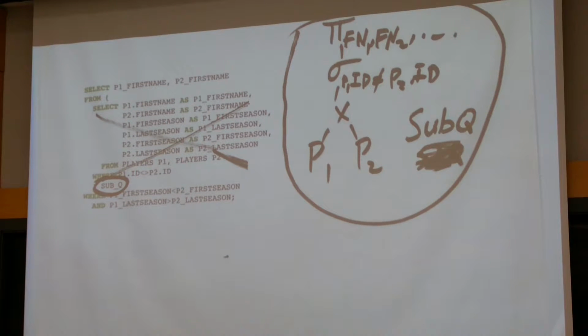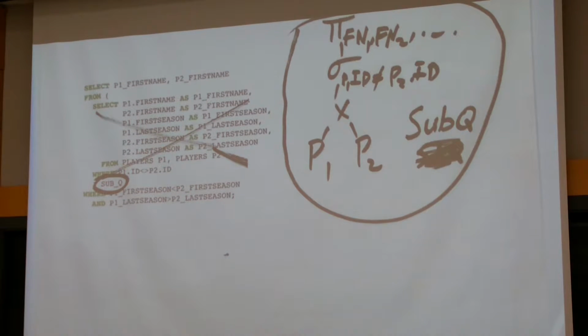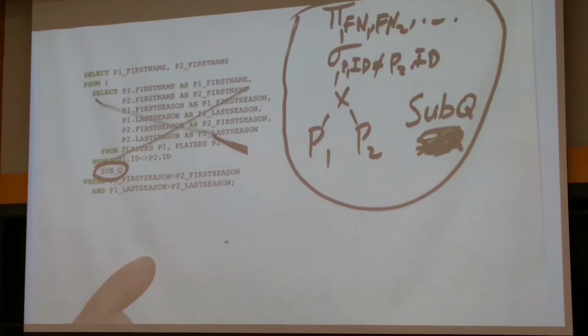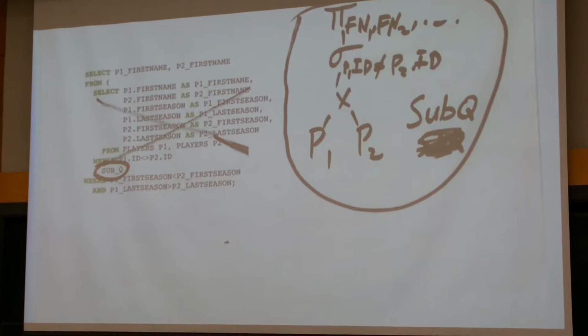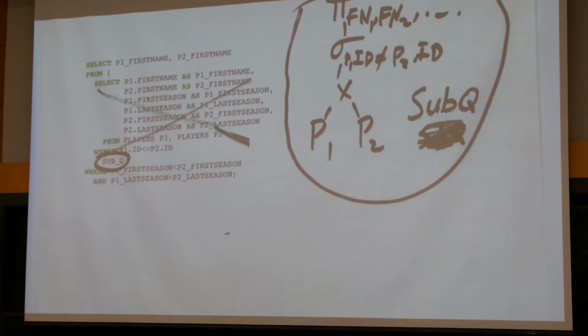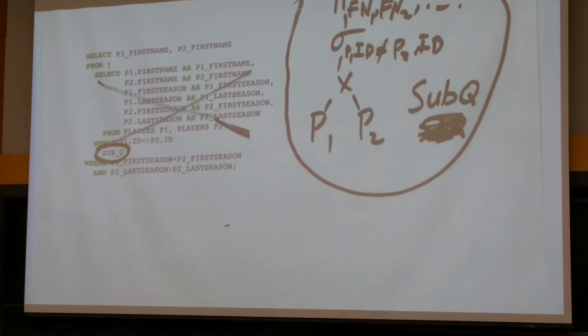So ignoring that big nested subquery, how would I translate the rest of it? Start from the from clause, from the bottom of the subtree. What's next?